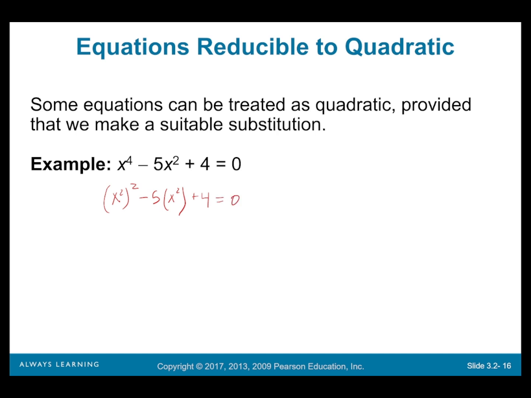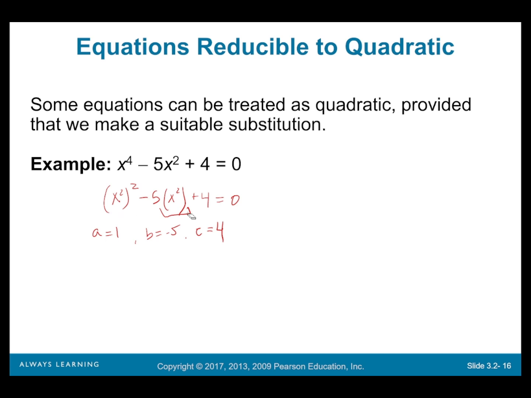It's almost like I could say my a value here is 1, my b is negative 5, and my c is 4. Because I'm taking my first term and I'm squaring it, and then I have no exponents here. Again, if I call my variable x squared, then I have none in my third term. So it's like, okay, this is the general same format. Can we use similar techniques in order to solve this?